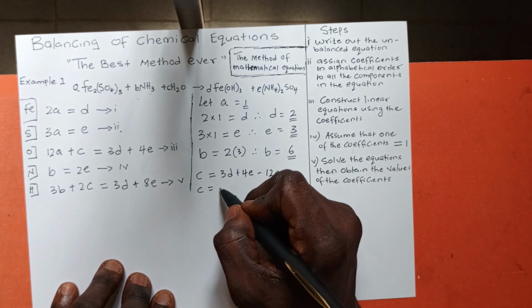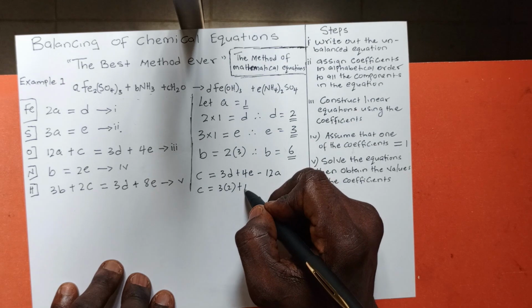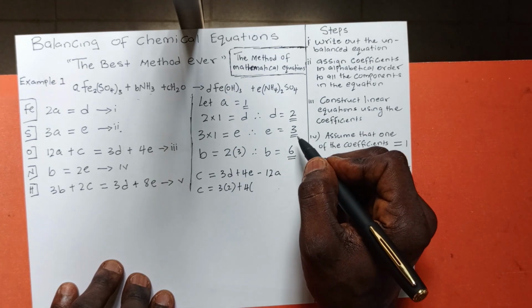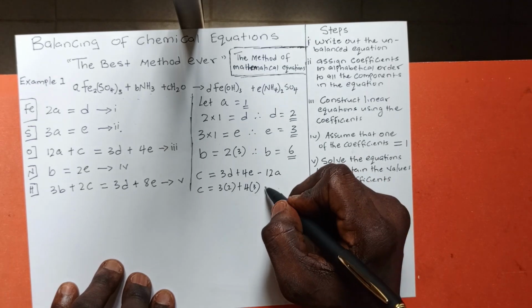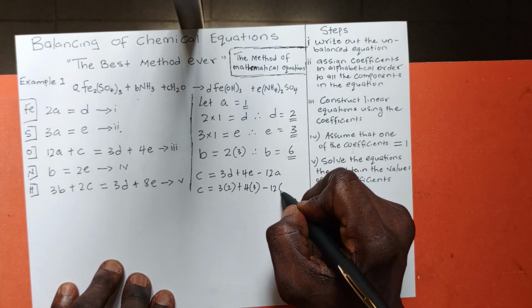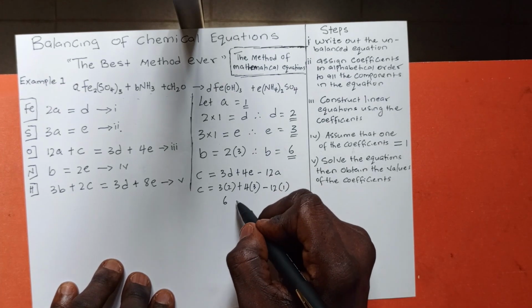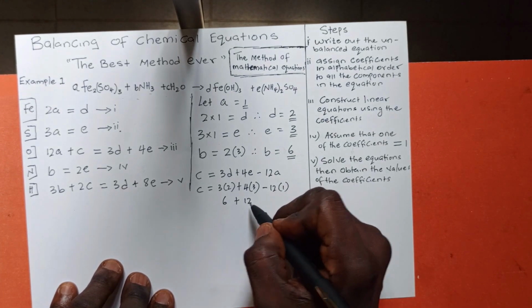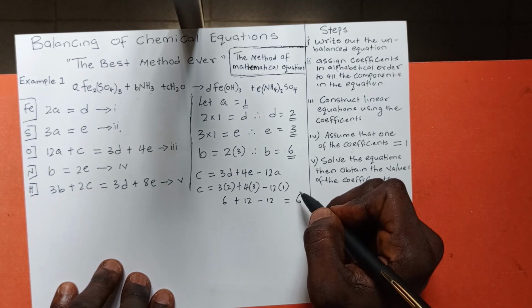D is equal to 2. So 3 bracket 2 plus 4 bracket, what's my E? E is 3. Okay. All right. Minus 12 bracket 1. Let's figure this out. So this is equal to 6 plus 12 minus 12, which is equal to 6.